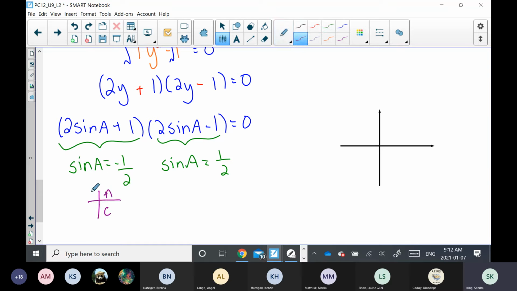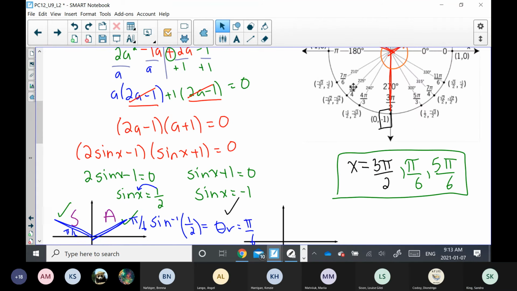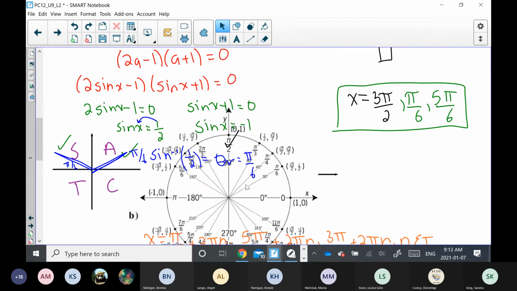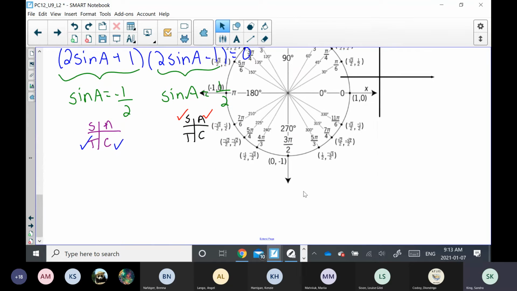According to my CAST rule, where is sine negative? Here and here. Where is sine positive? Here and here. So we're going to have 4 different solutions. See if you could look at those of you that have your unit circles with you.